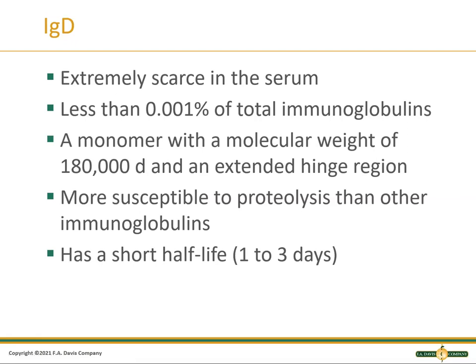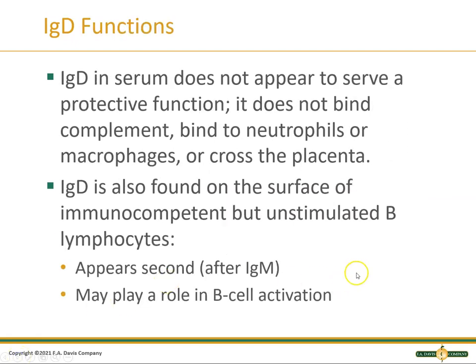IgD is extremely scarce, and you can see a very tiny amount of the total immunoglobulins. It's a monomer. It's more susceptible to breakdown, has a very short life. Not too much is really known about it. I'm sure it'll play an important part eventually somewhere. So IgD, like we said, we don't know what it does.